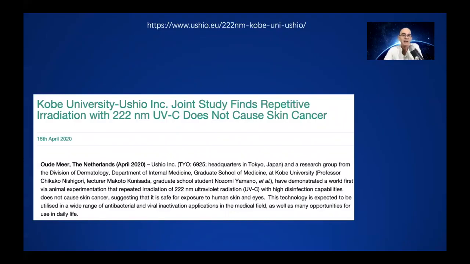They stated it does not cause skin cancer, and it is safe for exposure to human skin and eyes. They finish off by saying this technology is expected to be utilized in a wide range of antibacterial and viral inactivation applications in the medical field, as well as many opportunities for use in daily life.